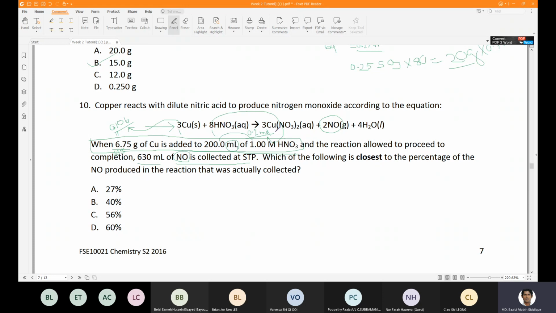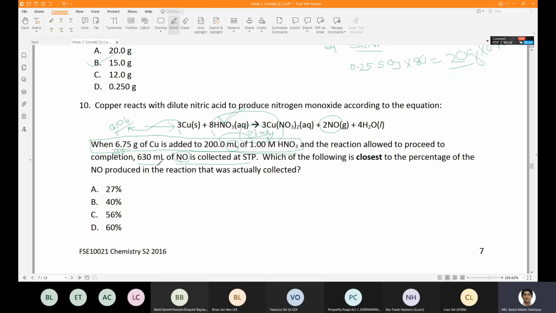So since it is 0.025, the smaller ratio, nitric acid is the limiting reactant. So this is the limiting reactant. All these 0.2 moles of nitric acid will be finished up, but out of the 0.106 mole of copper, some will be left over in the solution.